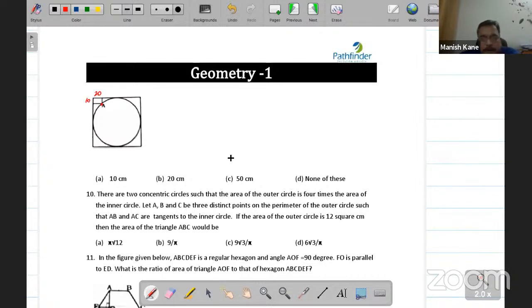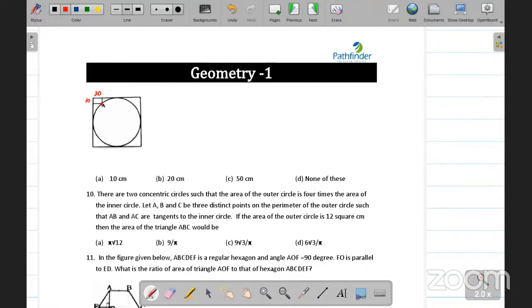And you are required to find the radius of the circle. There is no other information given except that the rectangle in the corner measures 20 by 10 and you are required to find the radius of the circle. Try solving it. You have 2 to 3 minutes.